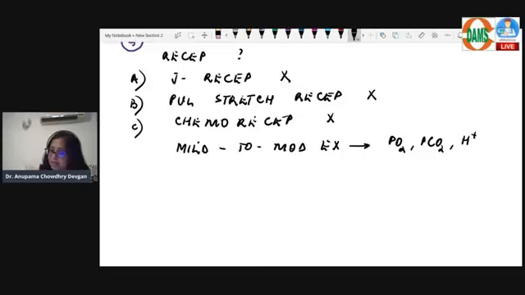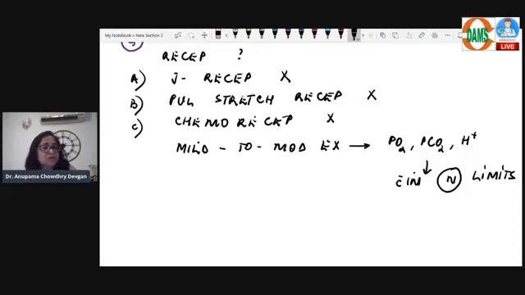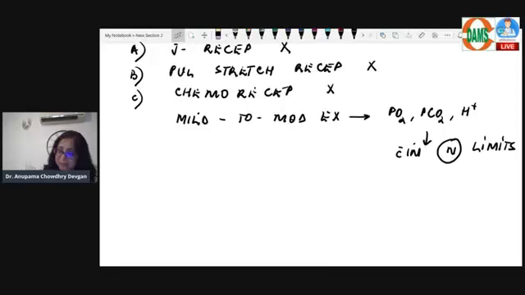Yes, in exercise there is increased oxygen demand, but ventilation also increases. Yes, there is increased production of CO2 and H plus, but ventilation has increased, so CO2 is lost that much more easily from the body. So PO2, PCO2, and H plus are within normal limits, so there is no role of chemoreceptors in mild to moderate exercise. In severe exercise, yes, there may be some hypoxia.